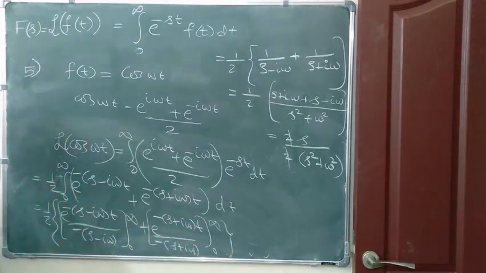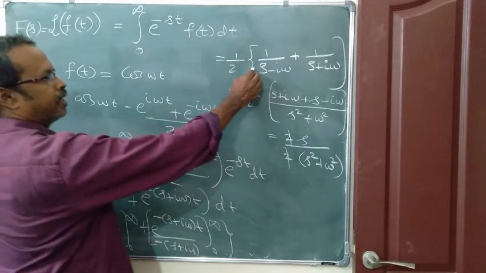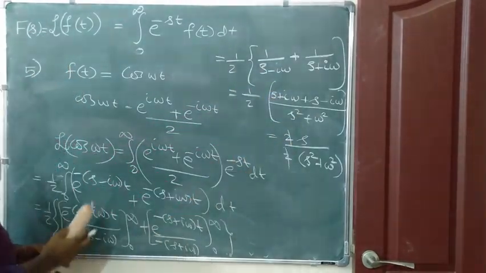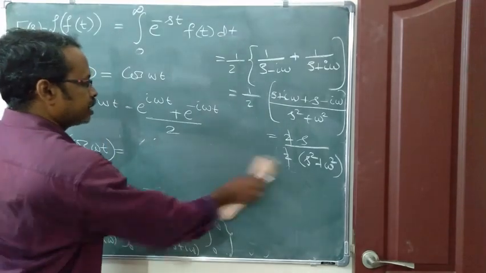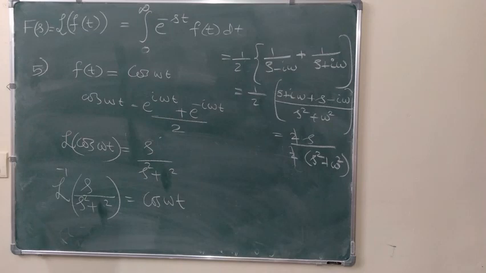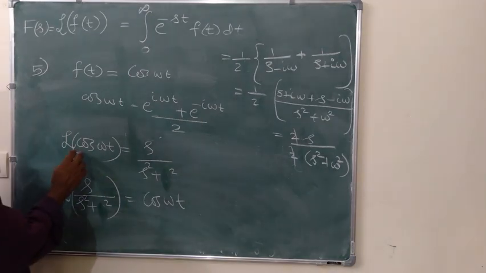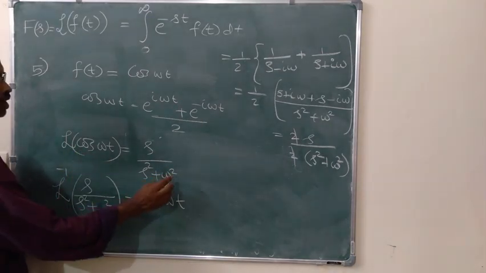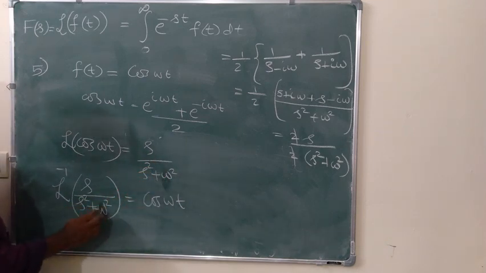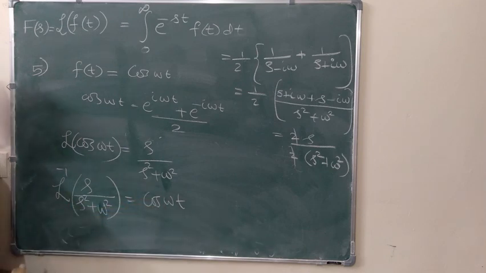On applying the limits, we will arrive at this step, and on simplification, we will find that the Laplace transform of cos omega t is s by s square plus omega square, and the inverse Laplace transform of s by s square plus omega square is cos omega t.